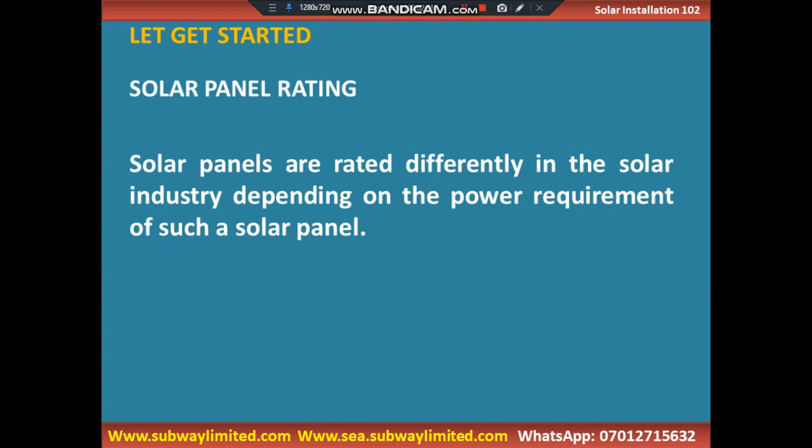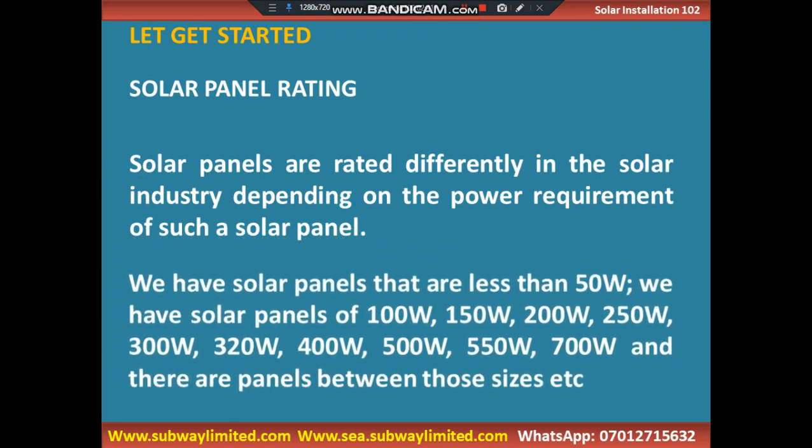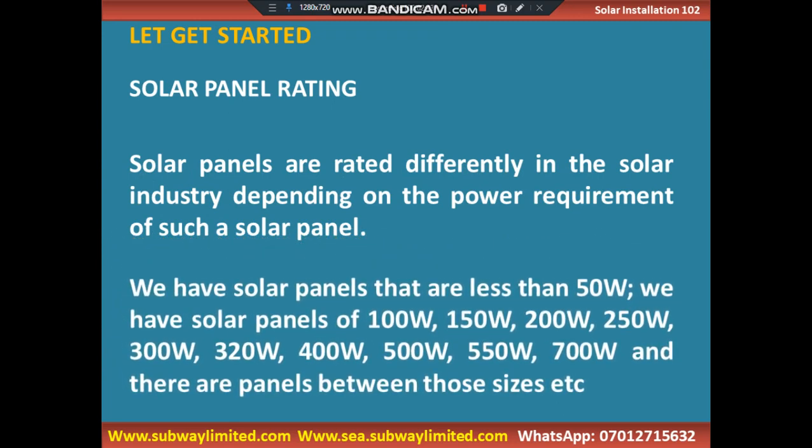So in the solar industry, we have solar panels that are less than 50 watts. Maybe you have seen smaller sizes of solar panels that are used in some of the solar kits that we have in our society or around us. We equally have solar panels of 100 watts.